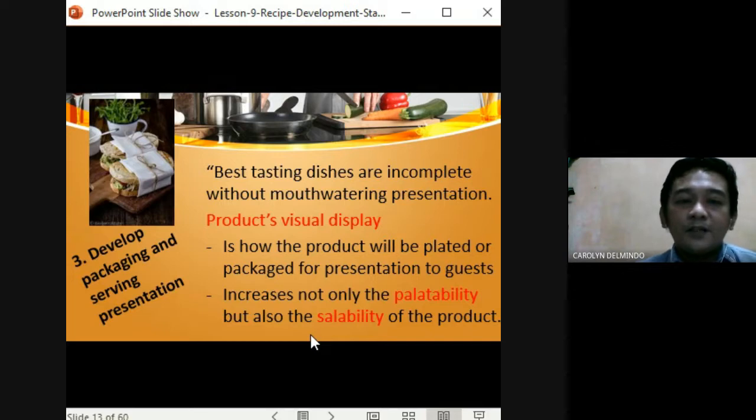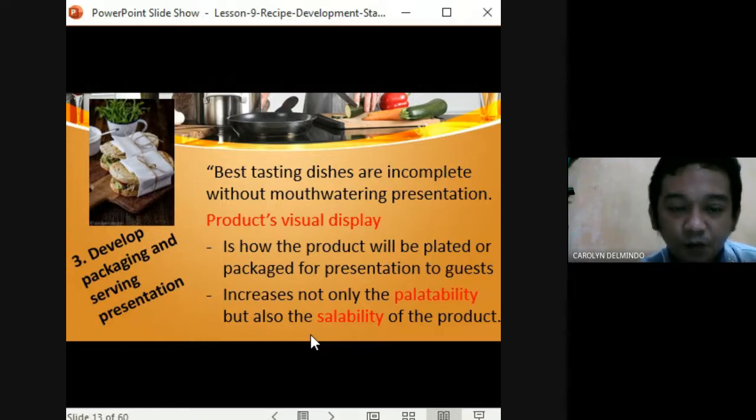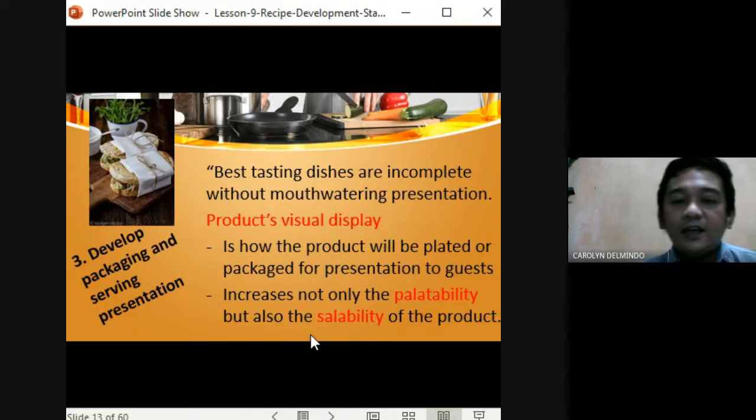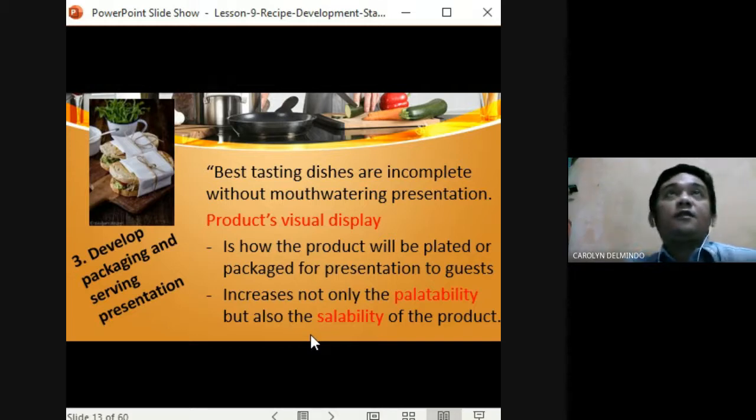So, dapat yung presentation pa lang, packaging niya, maayos at maganda ang pagkakagawa. Okay? Okay, if it is in dining, dapat yung plate presentation is properly made or pleasing to the eye kung sino man yung kakain niyan. Okay?